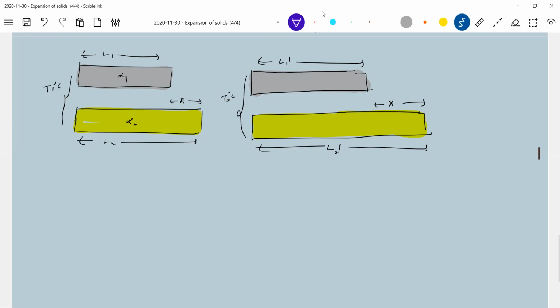Is there any relation between them? This is what we assumed, alpha 1 and alpha 2. The difference in length should remain constant. So what condition can be put for these rods?